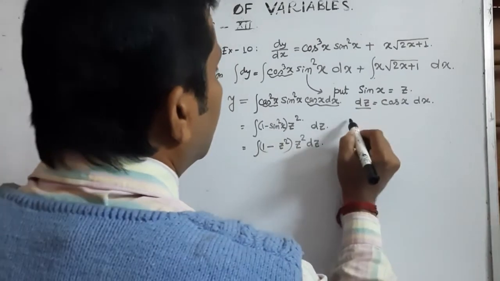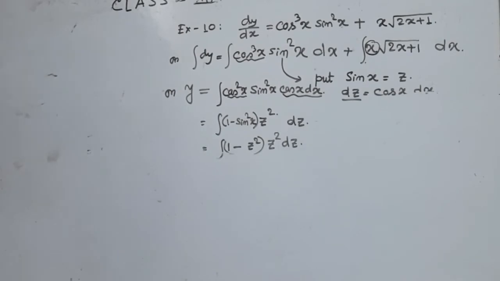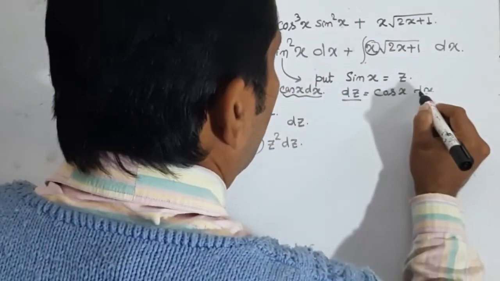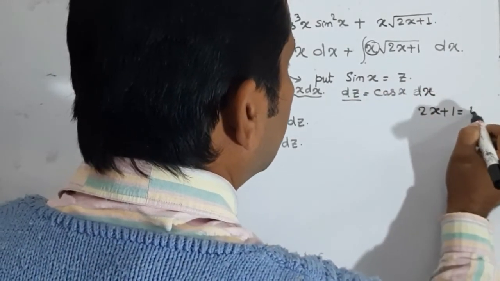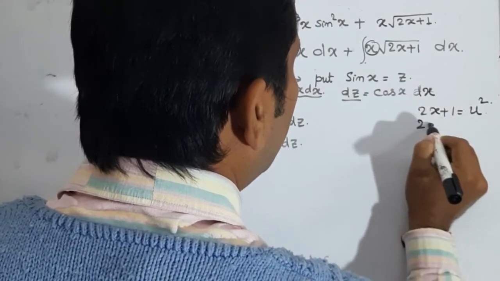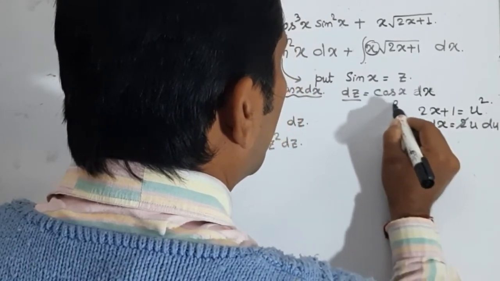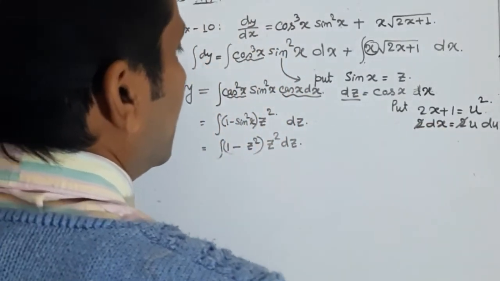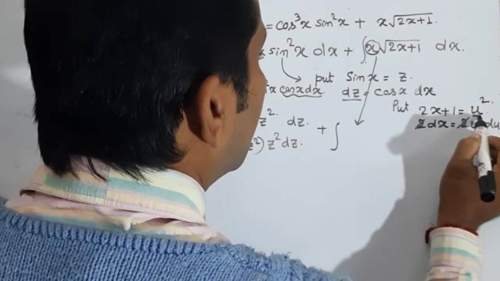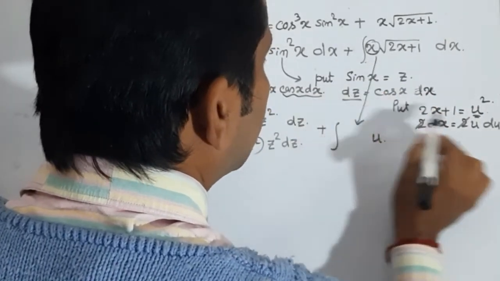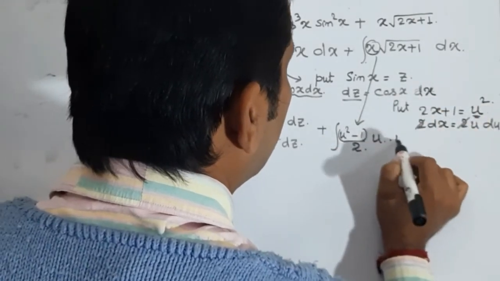And the second part is, put 2x + 1 = u², then 2 dx = 2u du. That is, the second part is plus ∫x√(2x+1) dx, where x means (u² − 1)/2, and dx means u du.